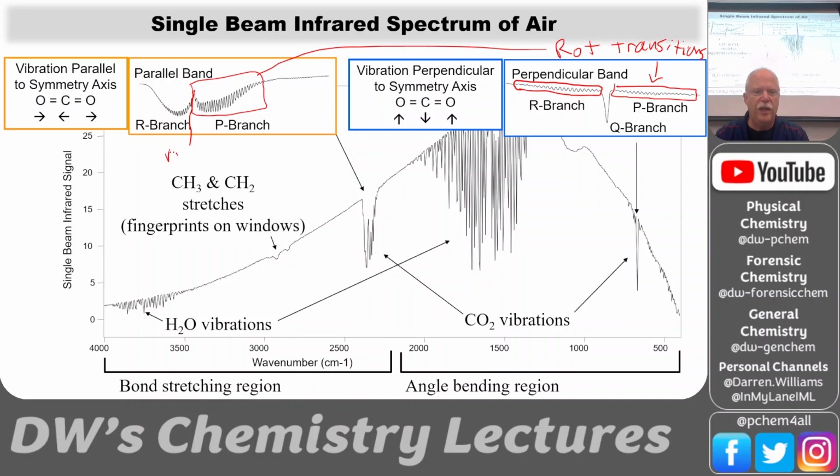So V equals 0 to 1 for this whole thing. And then these might be like J equals 7 to 8 or 8 to 9, etc. You know, just like we had the hot bands in the particle in a box. We have all of those in the rotational structures.